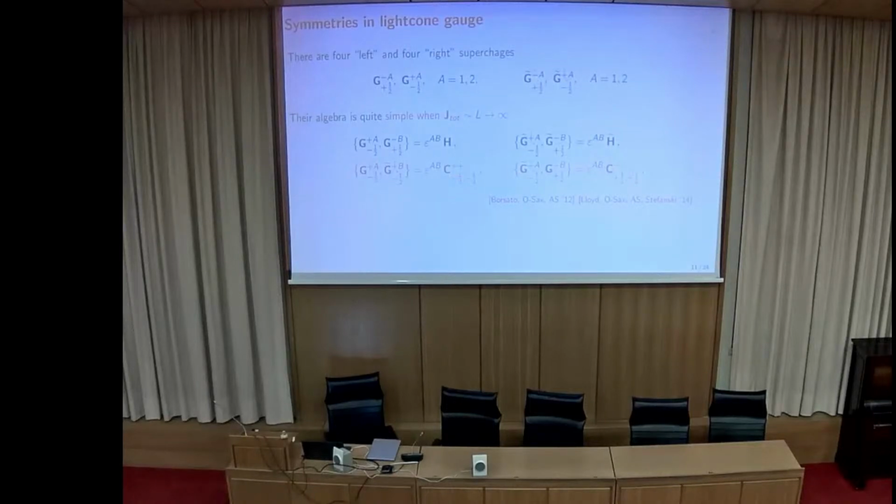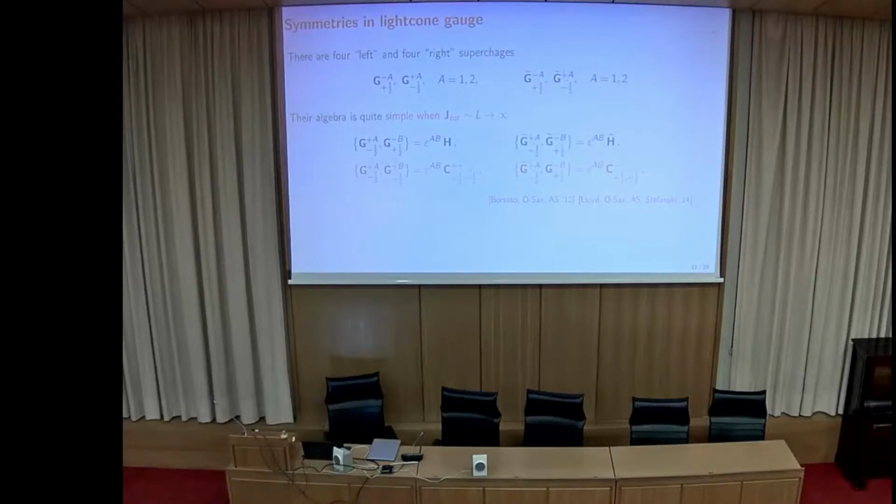These are C plus plus and C minus minus. And you see this C plus plus carries some R charge and some SL(2) charge, and on the right, minus minus, same thing. And it couples supersymmetry algebras that were completely factorized before.